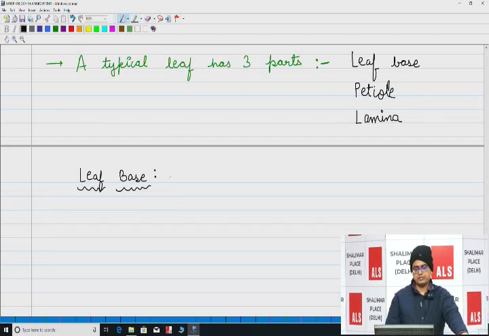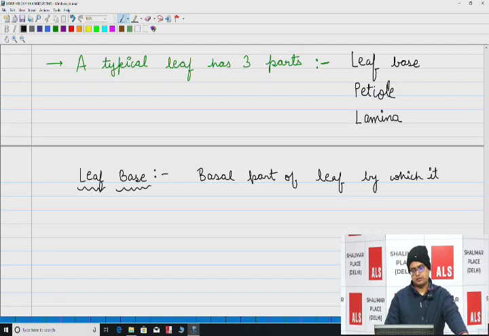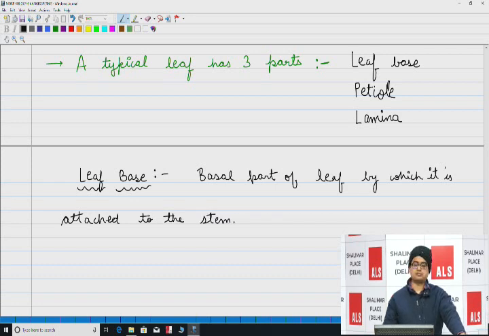So what is the leaf base? Basal part of the leaf, by which it is attached to the stem. Petiole.